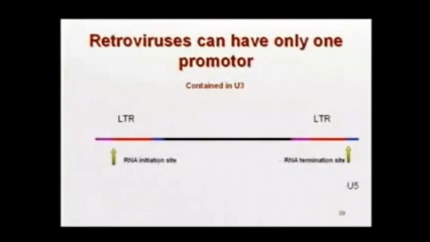So this means that retroviruses, if they're carrying their promoters in that little cassette internally in the RNA form, can only have one promoter. It's in the U3 that gets shoved over here. So that means there can only be one RNA read off the gene, because there's only one promoter site here, one RNA initiation site that was created in the DNA form at the right place.